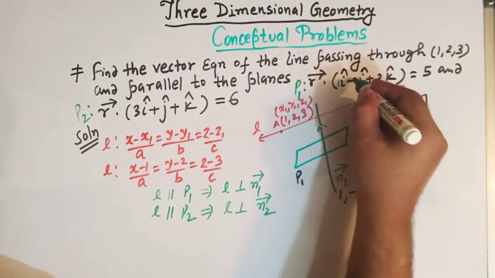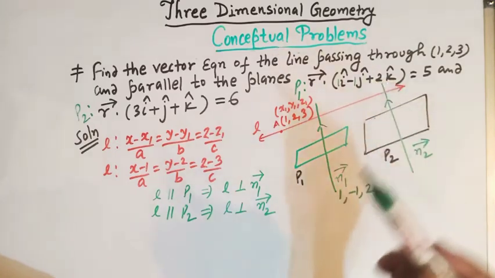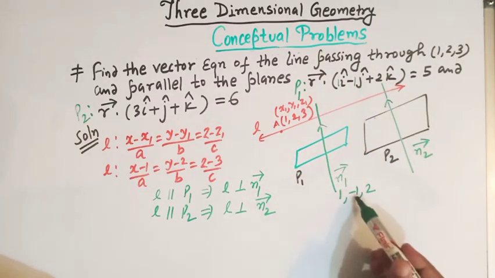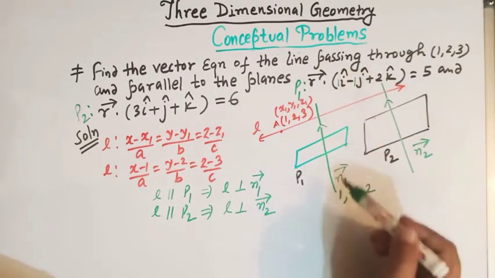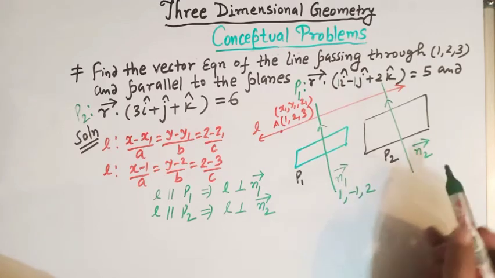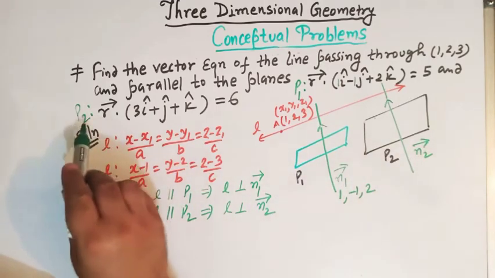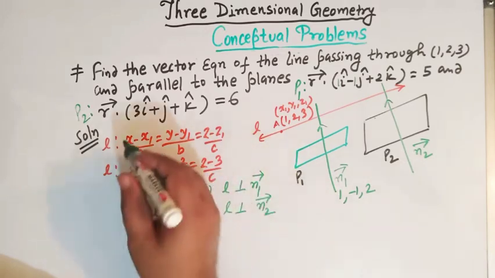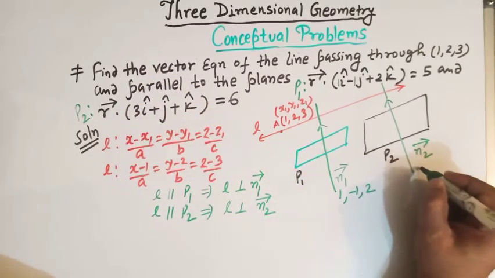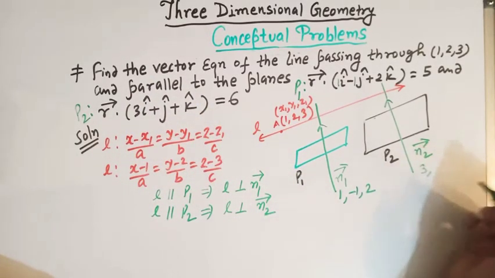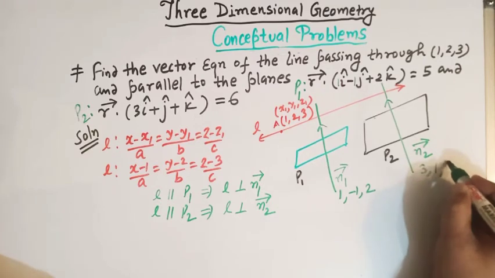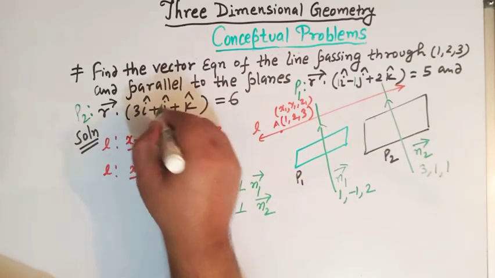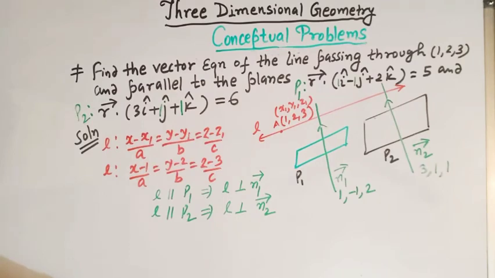So 1, minus 1 and 2 are the drs of normal vector n1, and the drs of vector n2 are 3, 1 and 1, right?